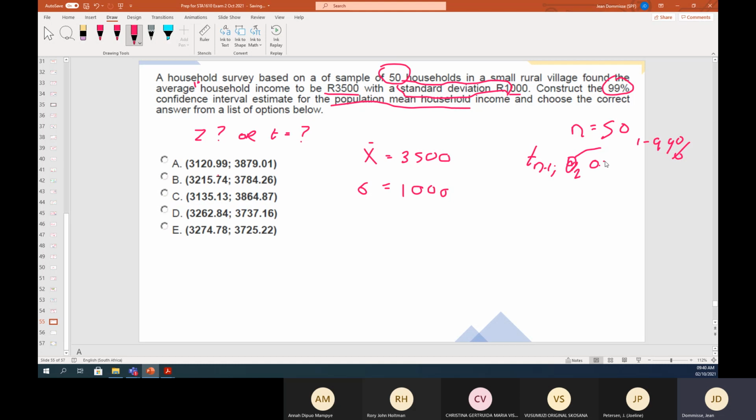So 0,01 divided by 2. And degrees of freedom will be 49 because it is n minus 1. So 50 minus 1. Okay, so let's first get the t value that we're going to use.